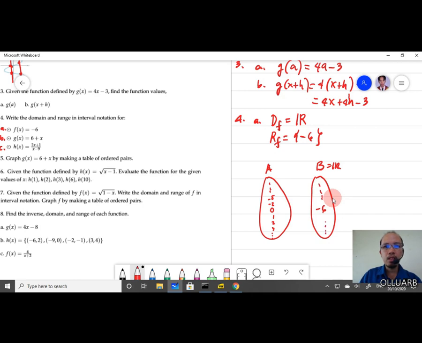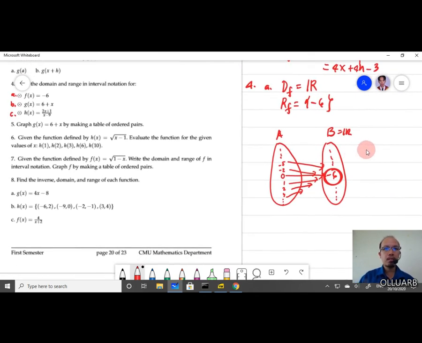So all these numbers are mapped to negative 6. So meaning to say, negative 6 is the only element that is mapped for all elements in the domain. So the range is this set here containing negative 6, but the codomain is the set of all real numbers. So as I've said in the previous discussion, the range is a subset of the codomain.